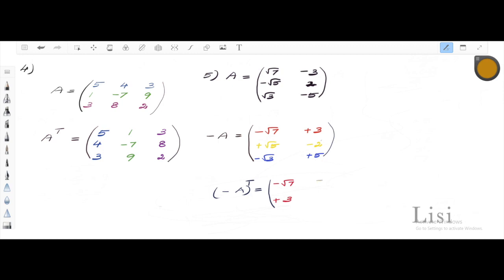You take those yellow numbers and write them in your second column. And next, what do you have in your third row? Blue color, isn't it? You take that blue and write it in your third column. Right? I hope you understand. Are you clear? Yes? Okay.